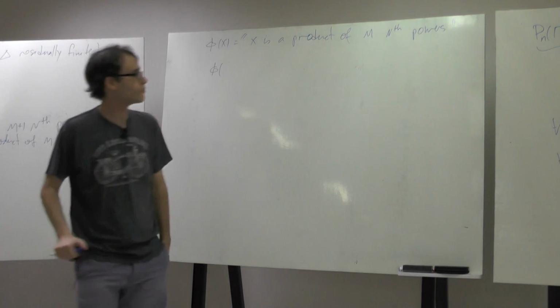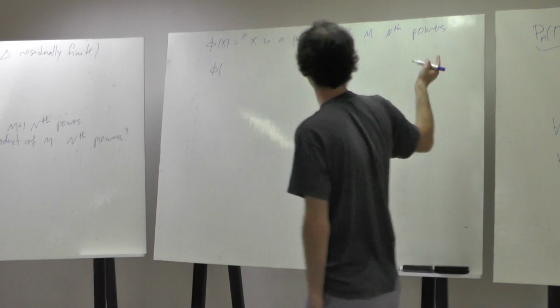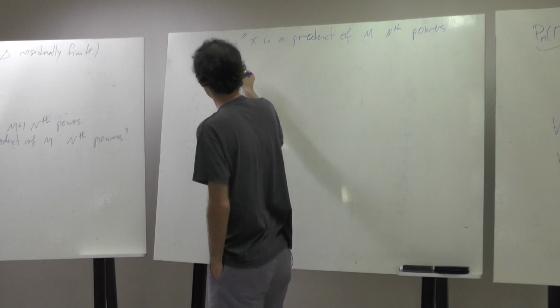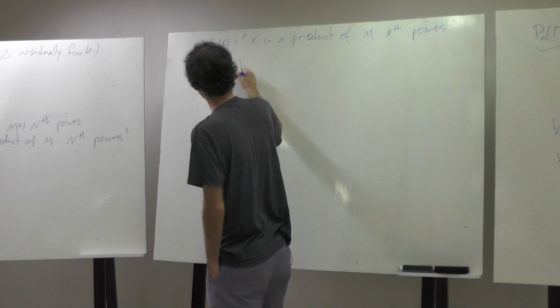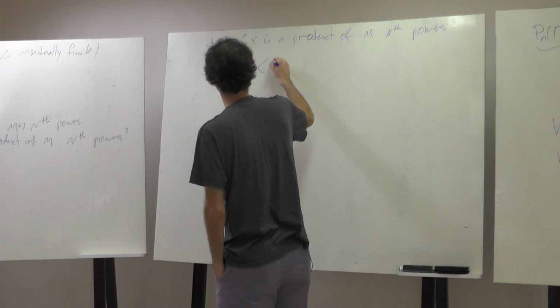So if x is a product of nth powers and this is phi, then phi of gamma is the group generated by all the nth powers.